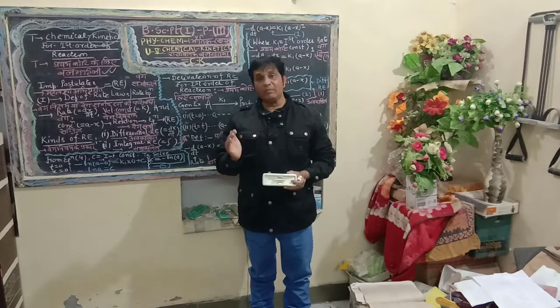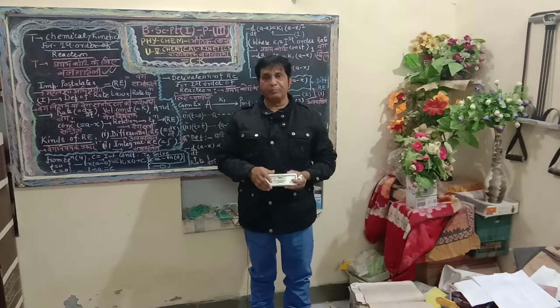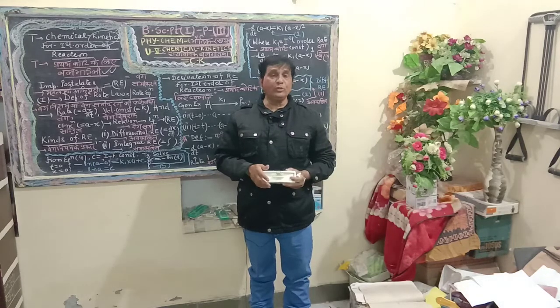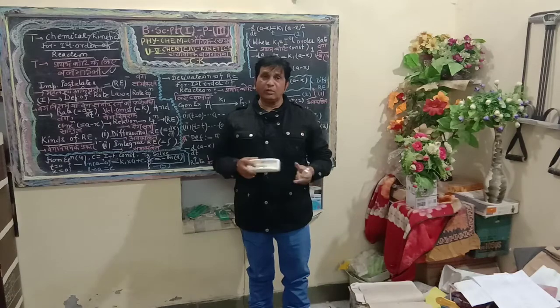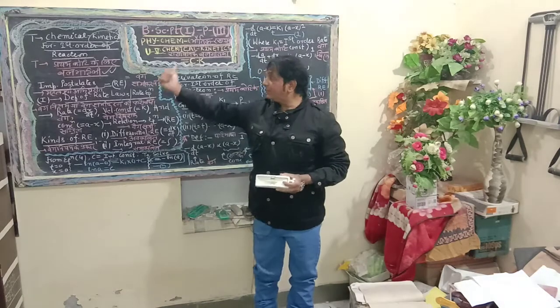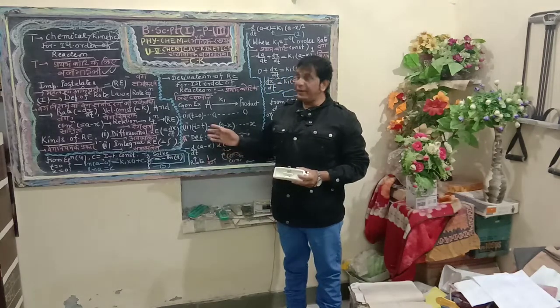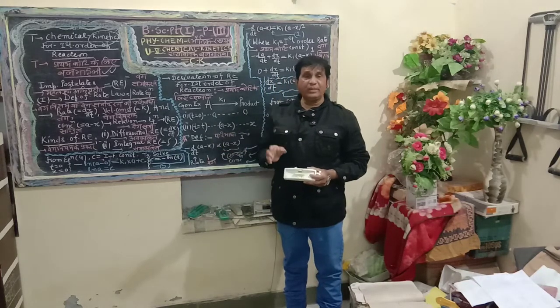They write down the first one point or maximum two points. But all the students of B.Sc Part 1, I appeal to you to write the kinetics of first order reactions depending upon 5 or 6 points.